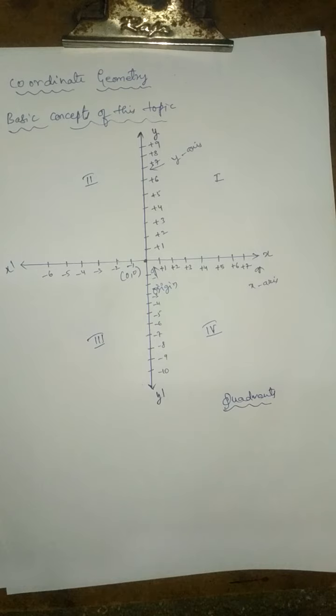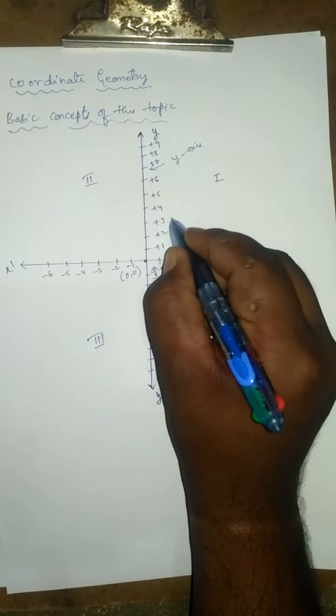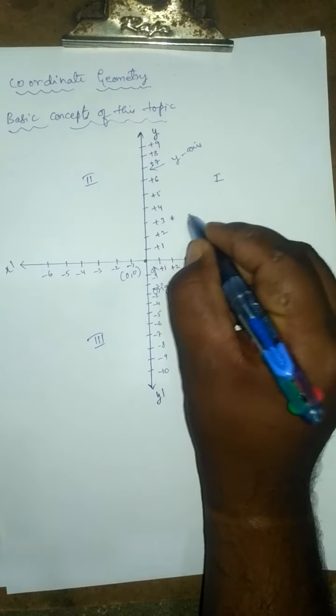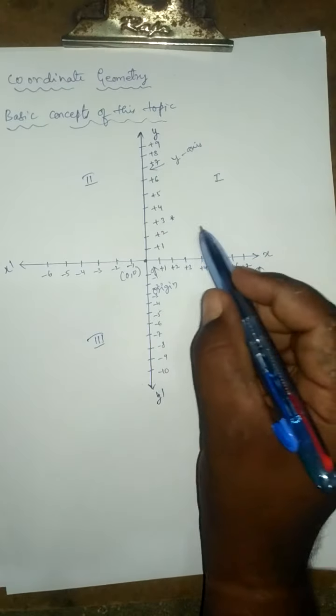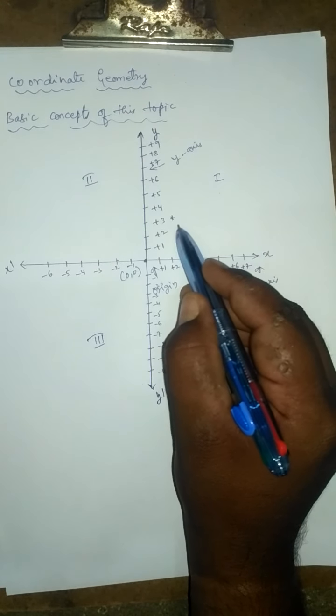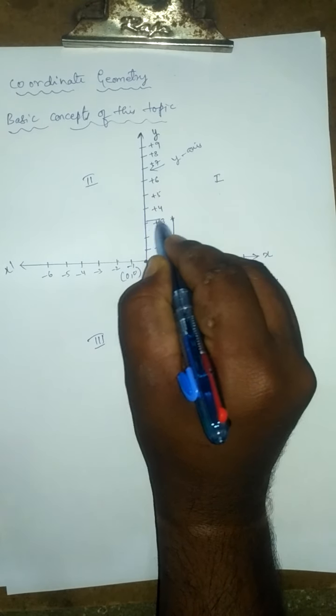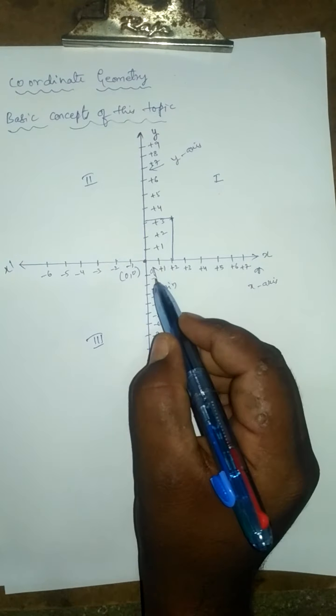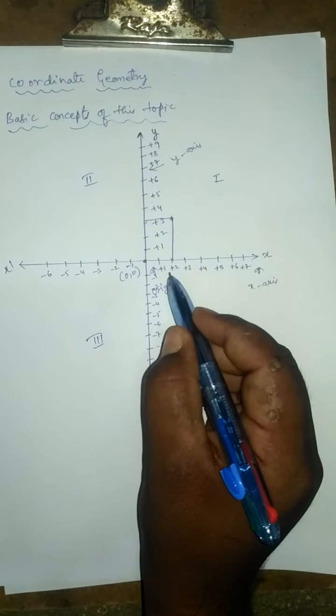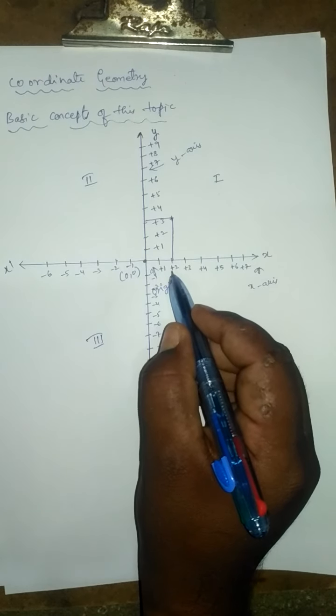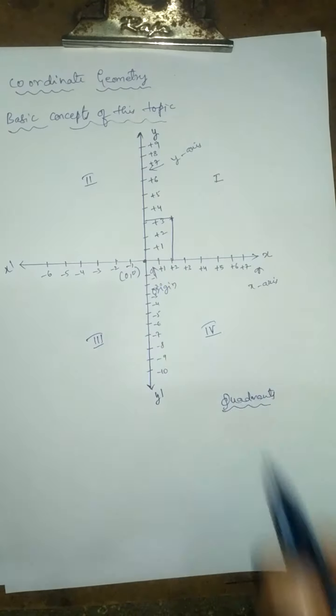For example, here we are going to consider one point, which is 2 units along the x-axis and 3 units along the y-axis.